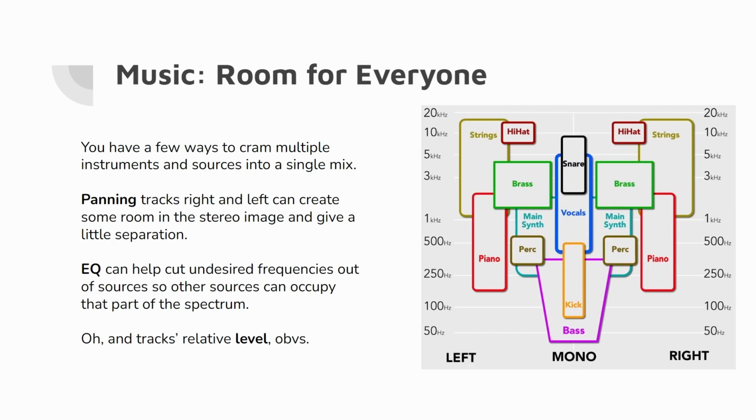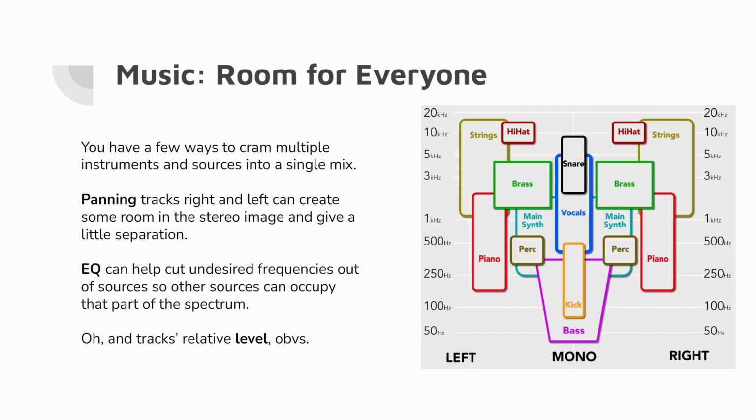You can also EQ your way into everybody living happily together. We can cut out undesired frequencies out of sources so that other sources can occupy that part. A good example is the kick drum, if you've got a drum kit, and your bass guitar. They might fight over some of that low end. So what you might do to your kick drum is keep the very low part that'll really, you know, give you the feeling, punch you in the gut.